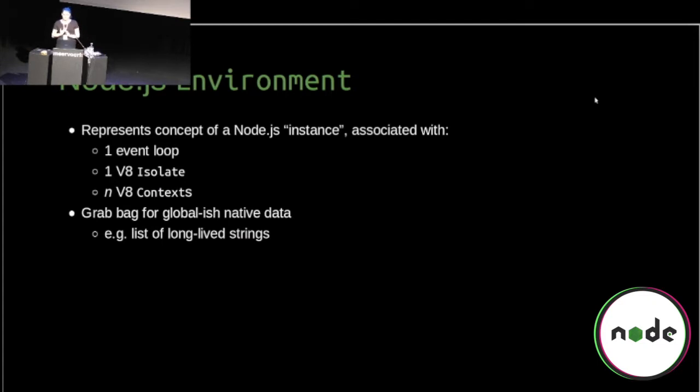And V8 also has this concept of contexts, which are essentially separate global objects. So it's kind of like iframes in browsers. You can have different global objects on the same heap, and we don't do a lot of that with Node, but we provide some tooling around that.